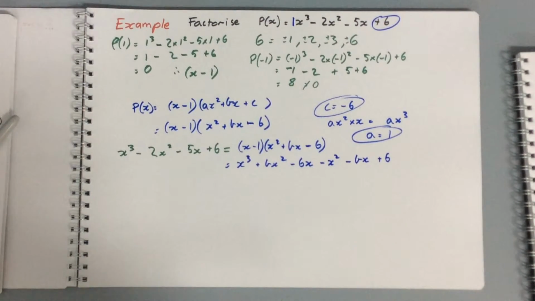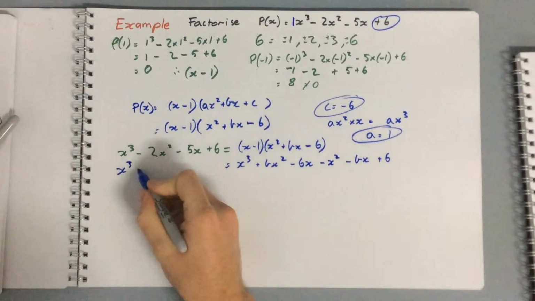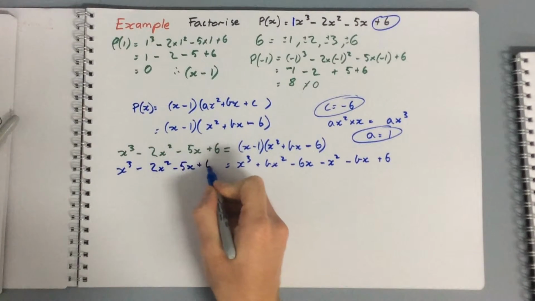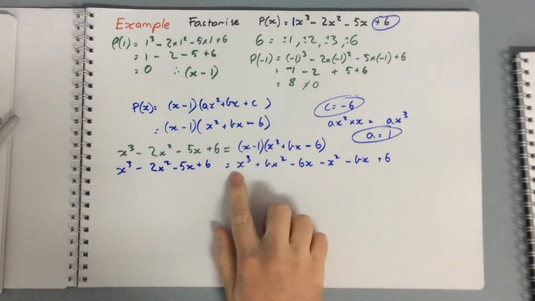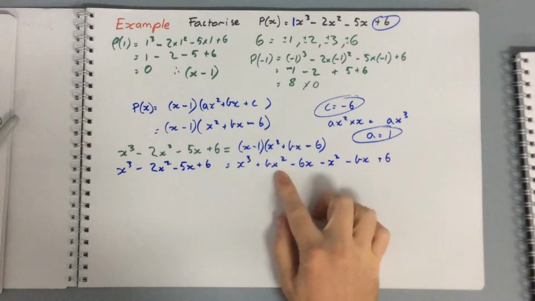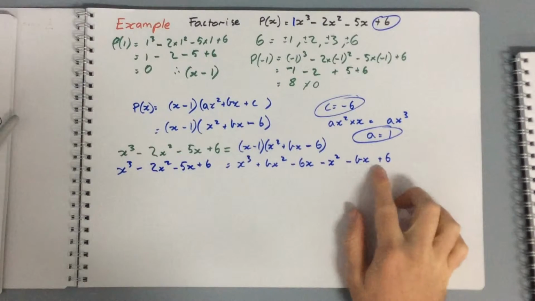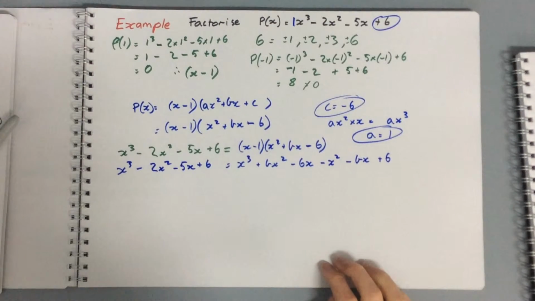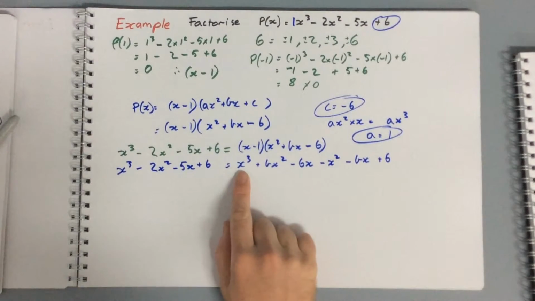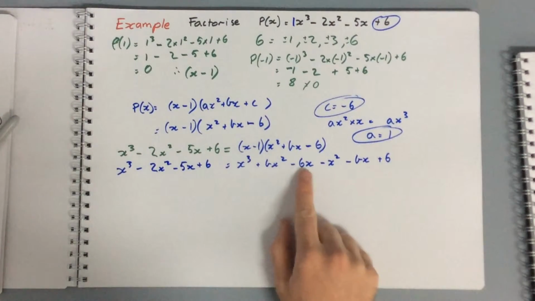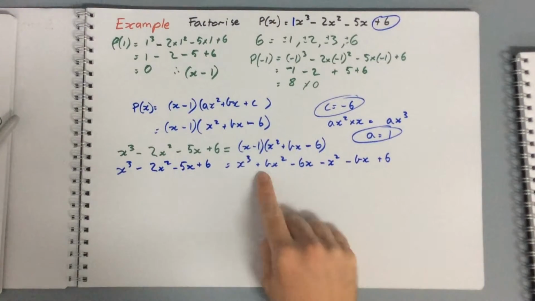Okay, so we've got a b. We've got x cubed take 2x squared take 5x plus 6 is actually equal to x cubed plus bx squared take 6x take x squared take bx plus 6. Okay. Now, equating coefficients, that's what we want to do. So we've got an x cubed term, there's no other terms, so that's good. Our x squared term, well, we've actually got 2 over here.